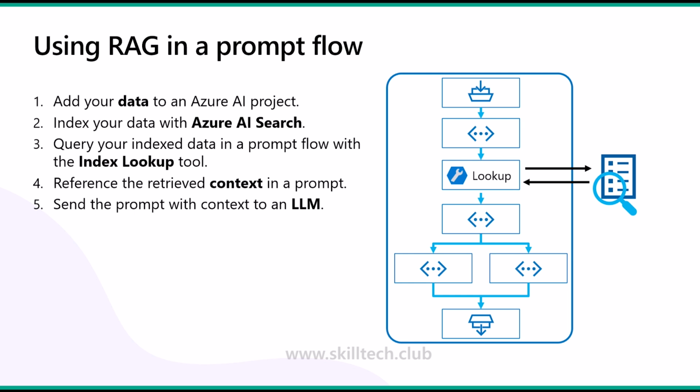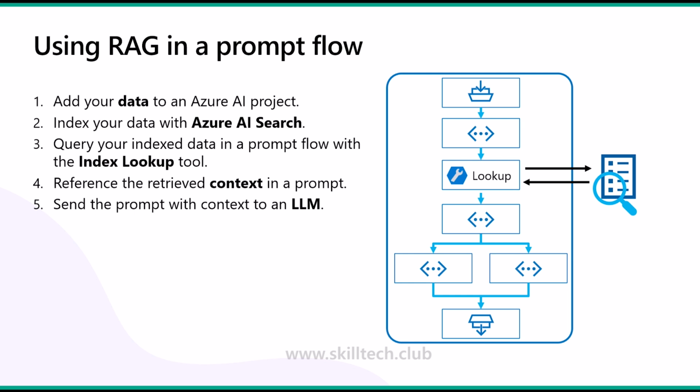Now, as you can see here, this whole process is designed with 5 steps. In step number 1, you're going to add your data to your Azure AI project. In step number 2, you're going to index your data with Azure AI Search. So basically up to this point, your searching and indexing is what is going to come into the picture. After this, you're going to query your index data in a prompt flow with the index lookup tool.